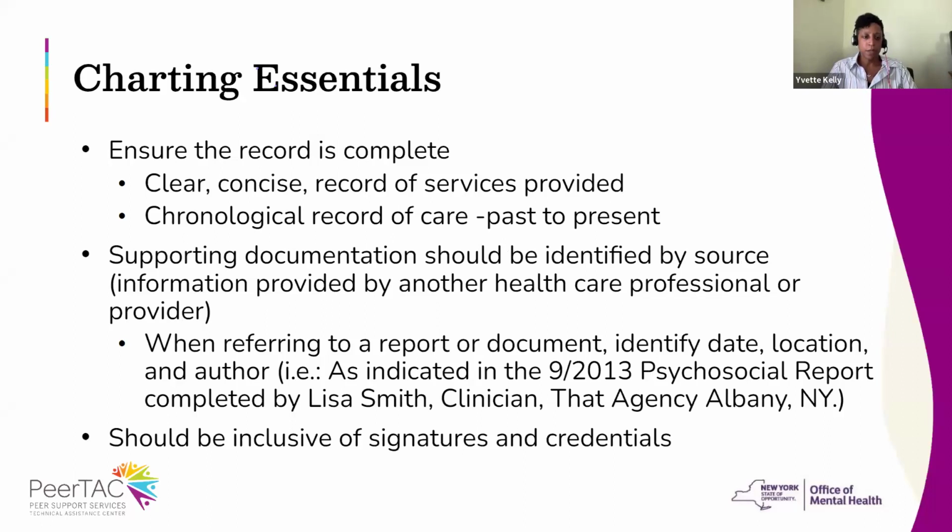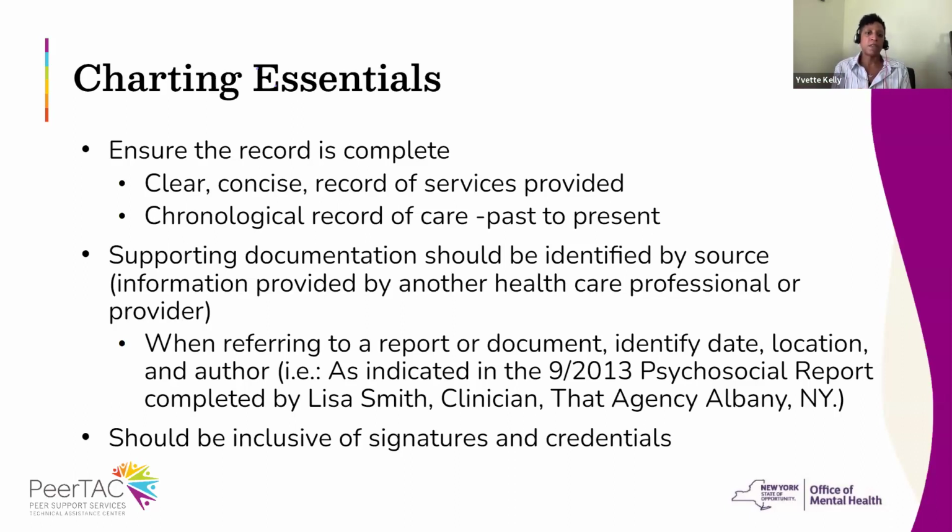Again, ensure the record is completing information as timely as possible, putting it in the file, making sure it's there, any supporting documentation that you're utilizing to determine care. A common thing that maybe folks utilize is a report from a previous psychiatrist outside of your organization, and you're writing based on that, say, individual diagnosed with depression.